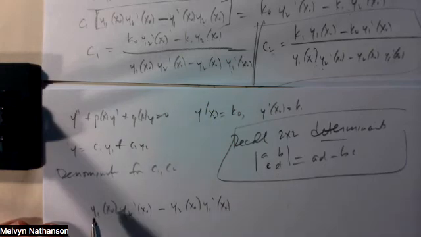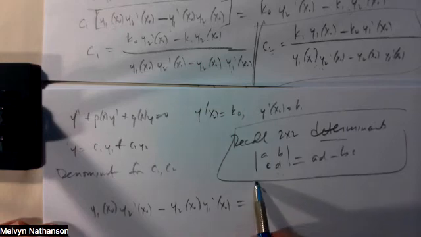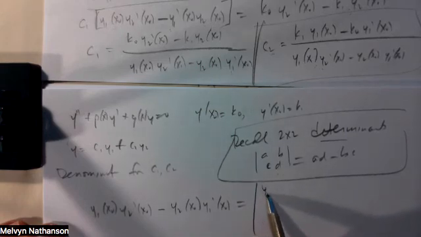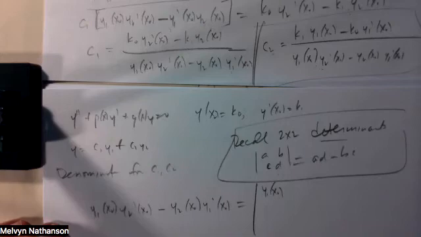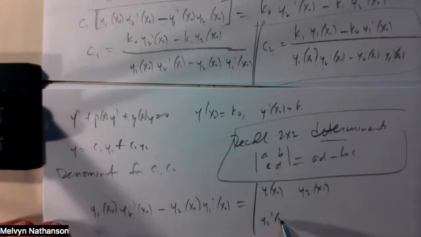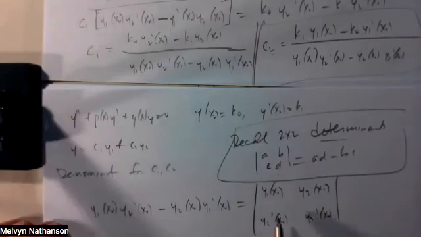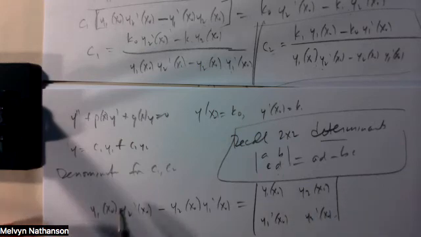So if I think of this as AD minus BC, this is like the determinant where this is y1 of x naught, y2 of x naught, y1 prime of x naught, y2 prime of x naught. Right? That is, this determinant, AD minus BC, is exactly this. So this is the denominator in this expression.